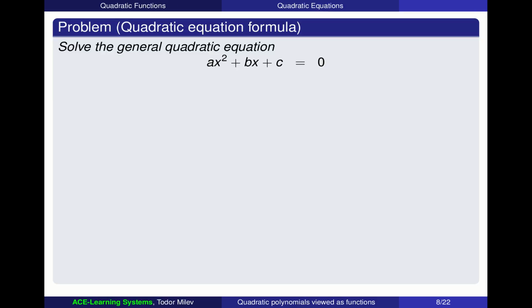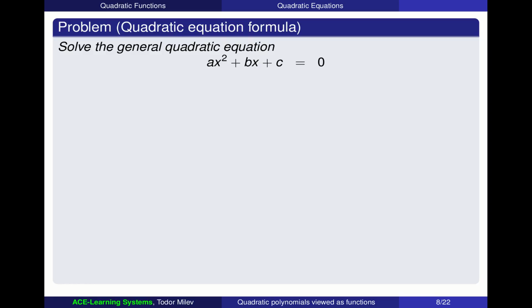The purpose of this slide is to derive the famous formula for the solution of the general quadratic equation. If you have seen this formula before, I hope this will be a good refresher of the theory. And if this is the first time that you're seeing the formula, please bear with me.